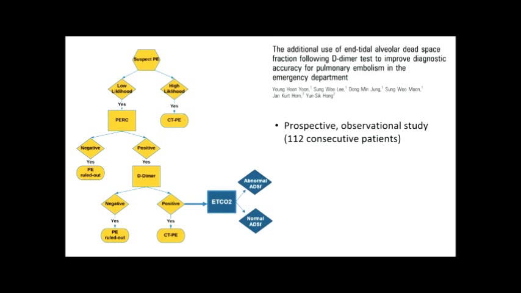And they were using the alveolar dead space fraction, so a measure of the difference between the arterial CO2 and your end-tidal CO2. And they would say that a normal is less than 0.2. Now, functionally, what does that mean? That means that if we take our normal to be an end-tidal CO2 of 40, it would actually be an end-tidal CO2 reading of 32 or less. Okay? So a normal would be less than 0.2.